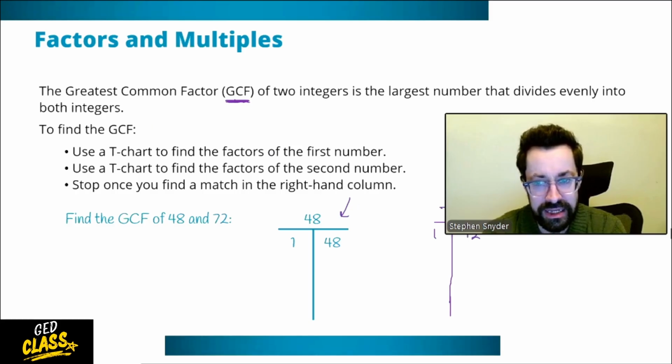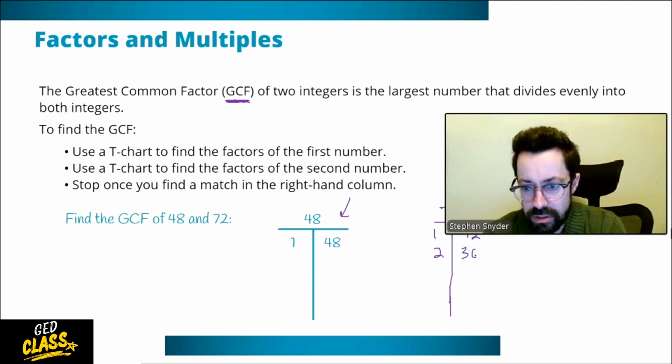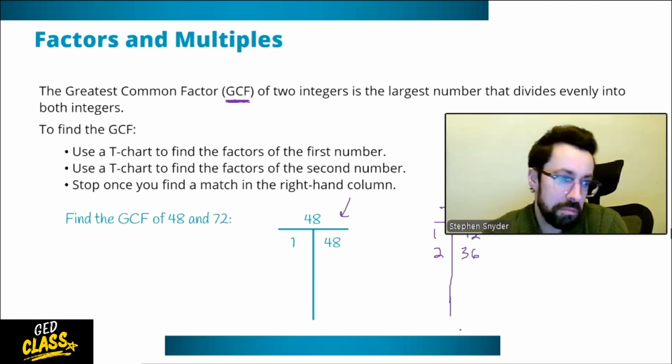So I'm looking at this column. Let's take 72 and keep breaking that down. How many times does 2 go into 72? You can just put it into a calculator. It goes in 36 times.